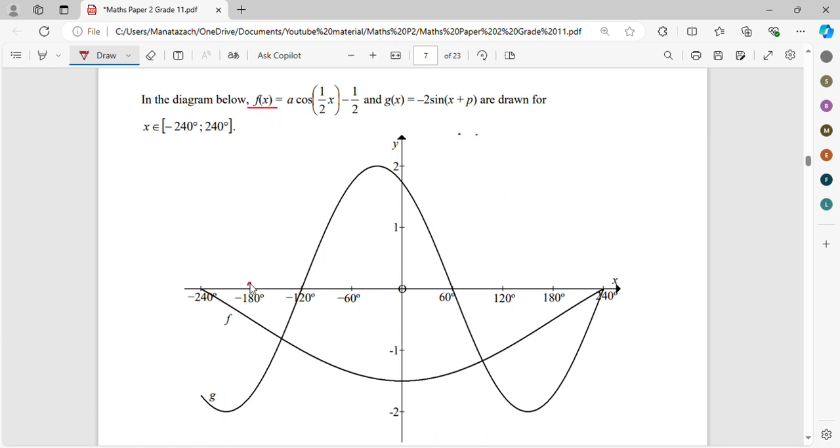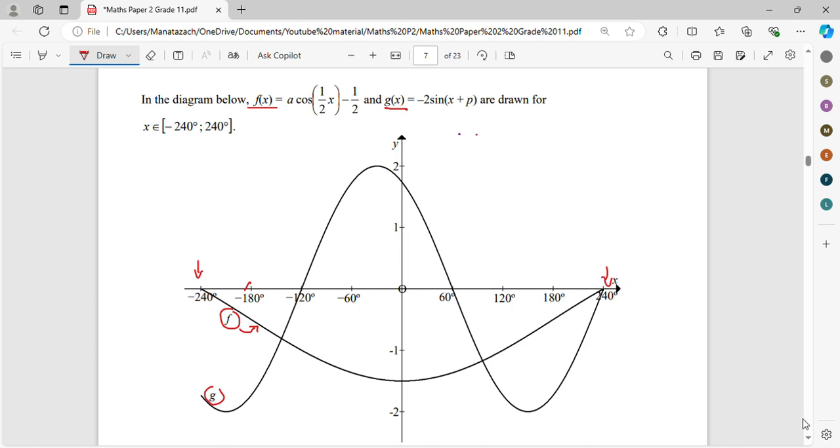So in the diagram you can locate the function f, which would be this one, and that would be the cos graph, and function g is the other one, which is a sin graph. They are drawn for x is an element of minus 140 to 240. So this is our domain, starting from here and ending at 240.